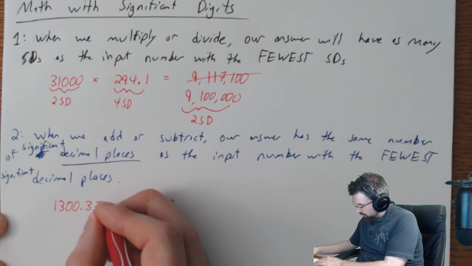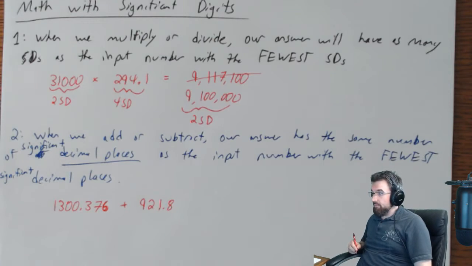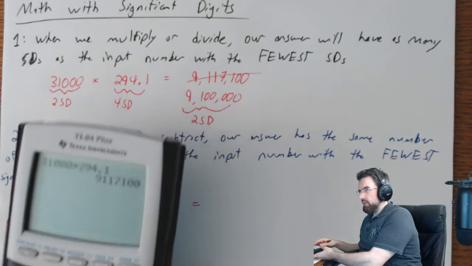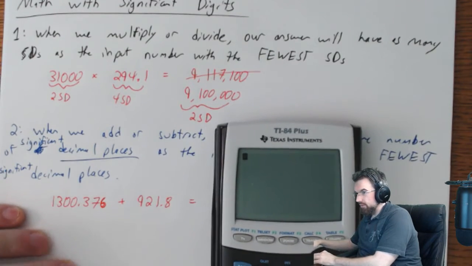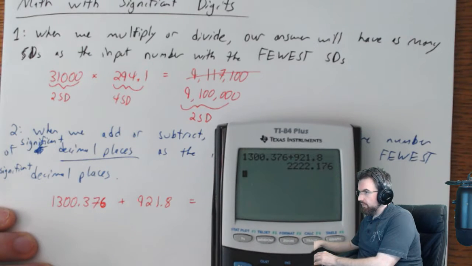Say we were to add these two numbers together. If we were to do it just on our calculator, just like it was a normal arithmetic question in a math course, this will be our answer.